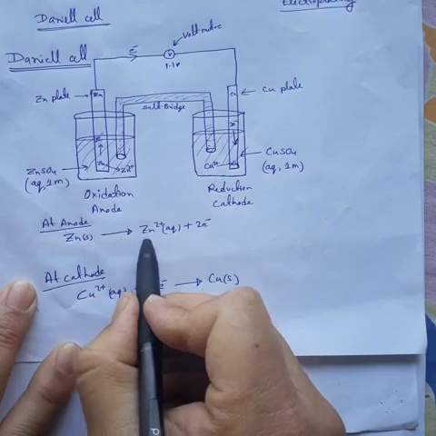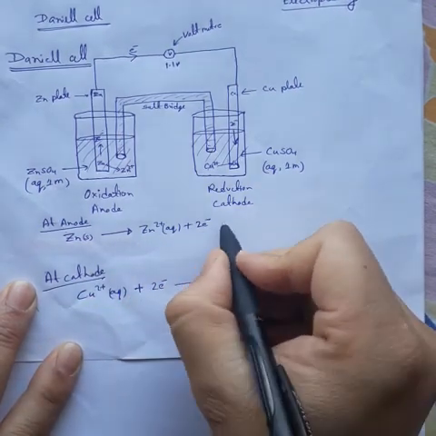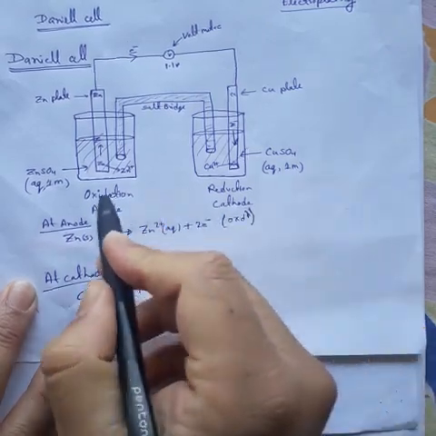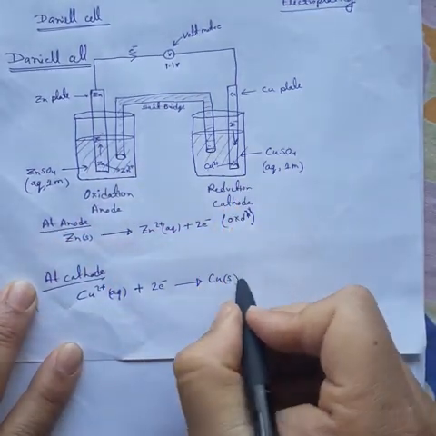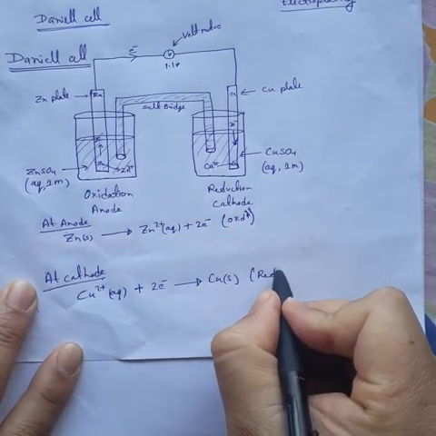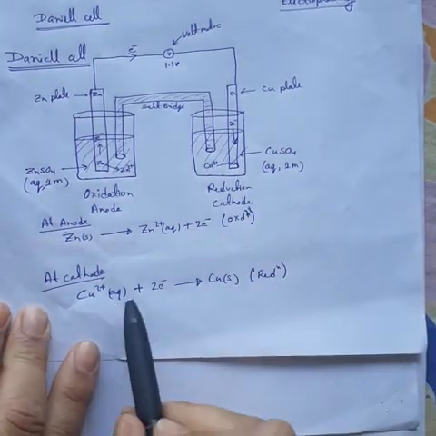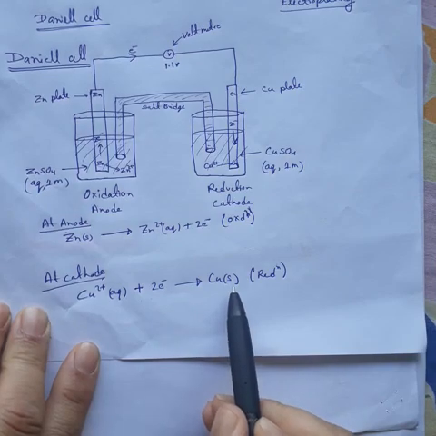Now this process, removal of electrons, is known as oxidation. So oxidation is happening in this half cell and reduction is happening in that half cell, because the addition of electrons is known as reduction.